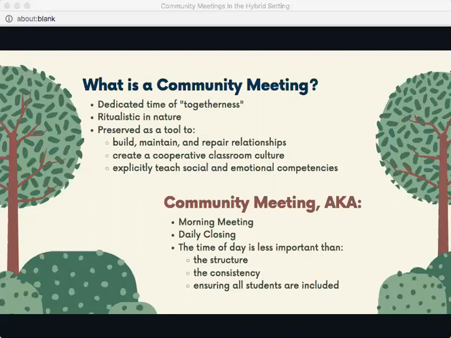So, if you have students who perhaps receive special ed services or are pulled out of your classroom for other reasons, try to find a time for your community meeting when everyone in your class is present, because this sends a really important message of inclusivity.